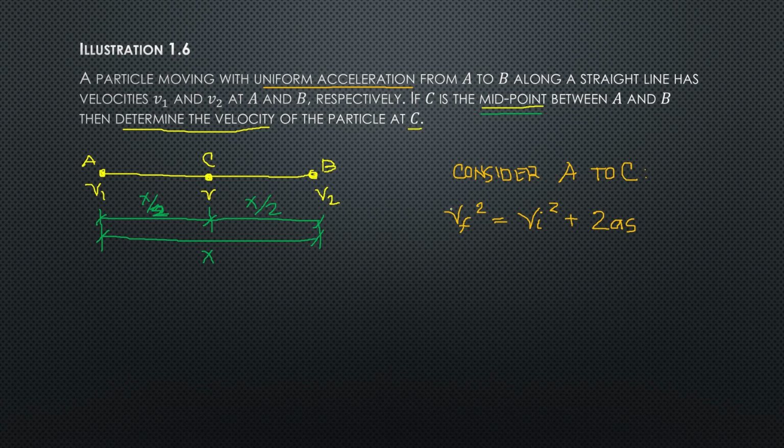Considering A to C, the final velocity will be v. So v squared will be equal to the initial velocity v1 at point A squared, plus 2 times the acceleration, which is constant, times the displacement between them, which is x over 2.